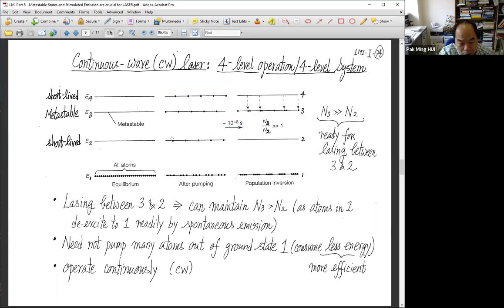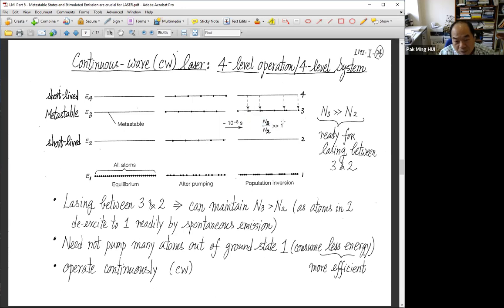At the same time, those populated here will also come down to the lowest level readily. It's short-lived. Therefore, in a short while, the atoms in 4 will go down to 3, level 2 will empty itself, thereby inversion in population is achieved between 3 and 2.